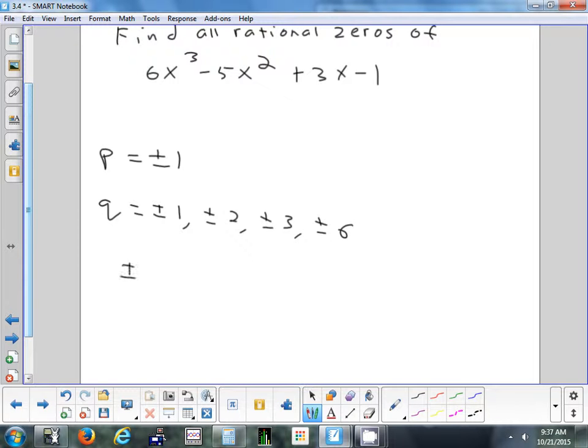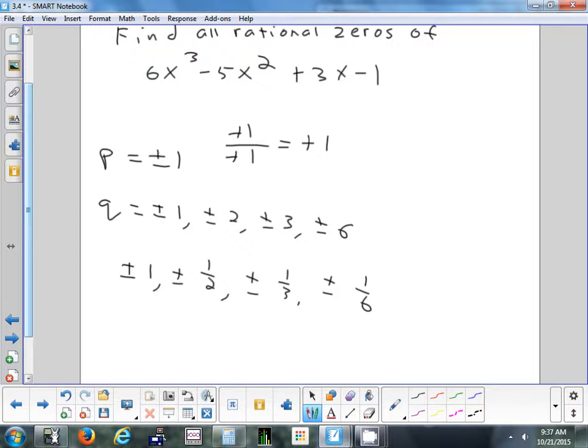This is what I was talking about with the repeated root, because there's plus minus 1 for q and plus minus 1 for p, so it's repeated. Let's say you took positive 1 and divided by positive 1. That's just positive 1.